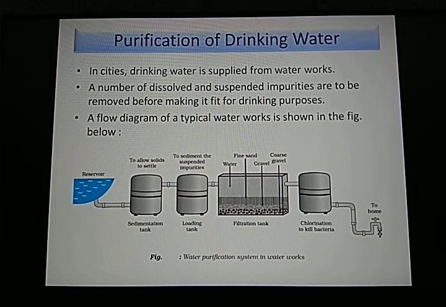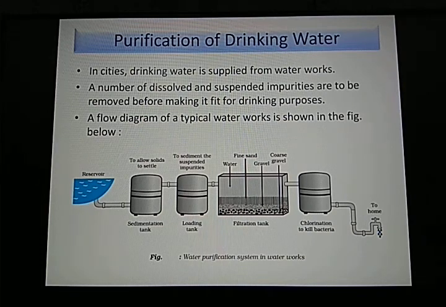Mainly in this chlorination tank, the bleaching powder is used in order to kill all the bacteria. After the killing of all the bacteria, whatever water is now left behind is fit for household use as well as for drinking purposes.